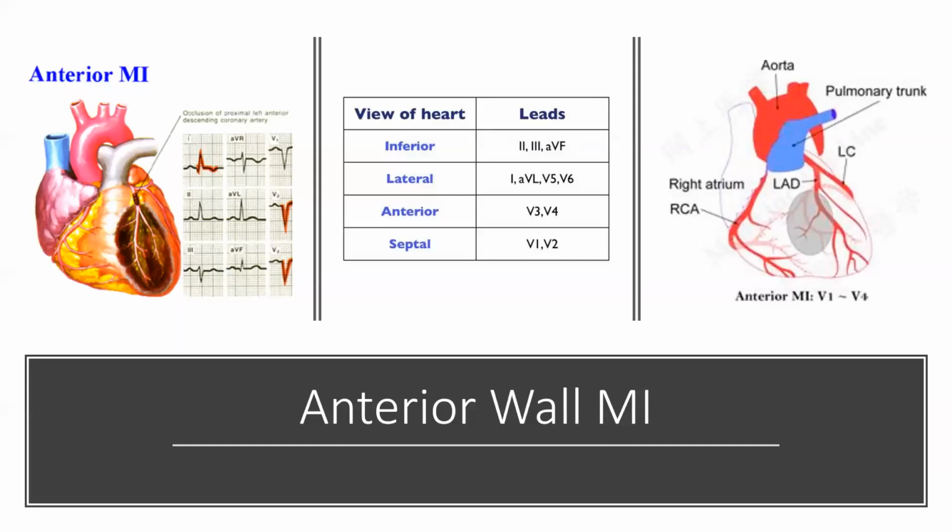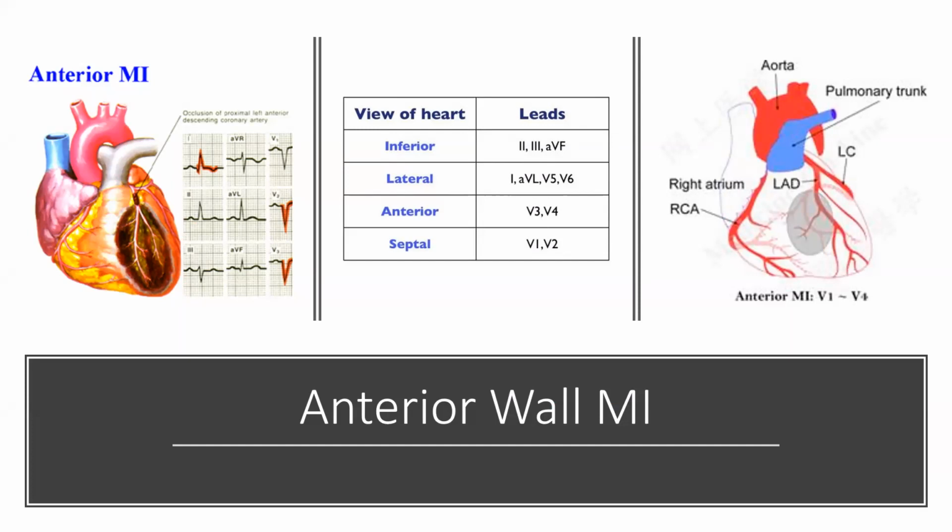All right, the next type of MI that we're going to diagnose is the anterior portion of the heart. As you could see right over here, this is the anterior portion. Whenever you have an anterior wall infarction, it actually rarely presents by itself.